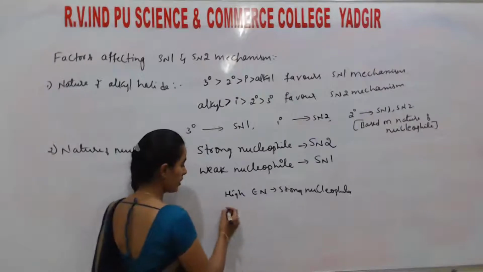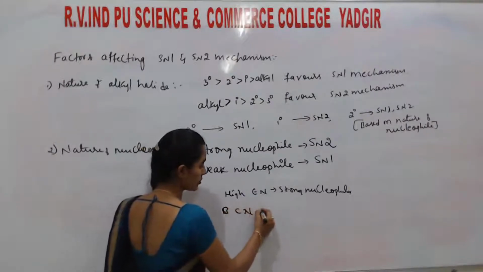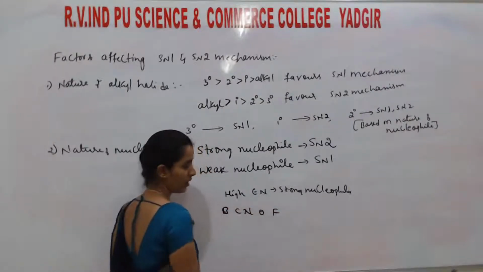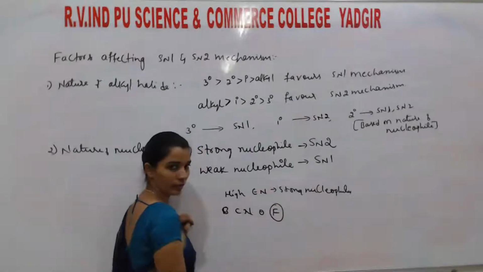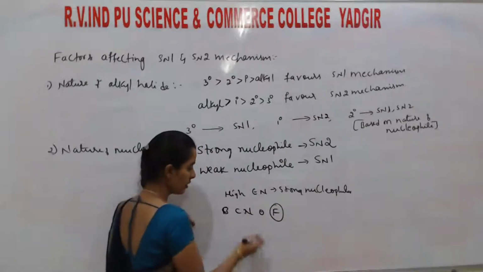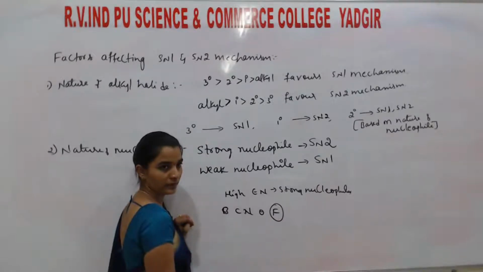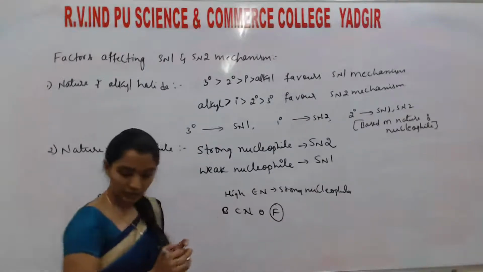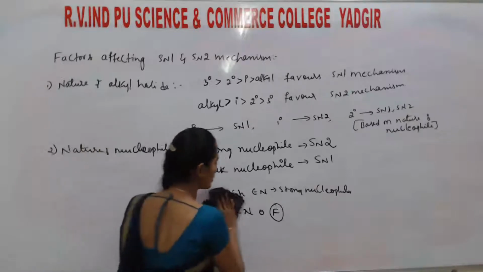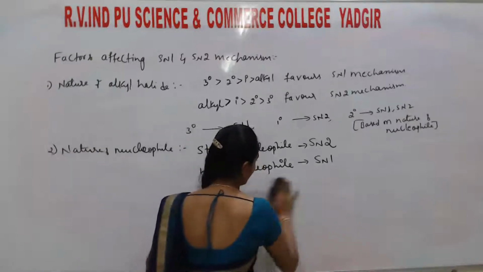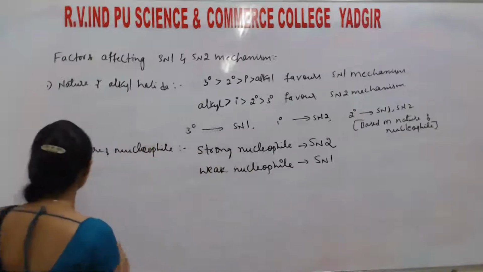Understand? For boron, carbon, nitrogen, oxygen, fluorine, among these, fluorine is a strong nucleophile, and the others are comparatively weak nucleophiles. So based on that, we can classify the nature of nucleophiles.